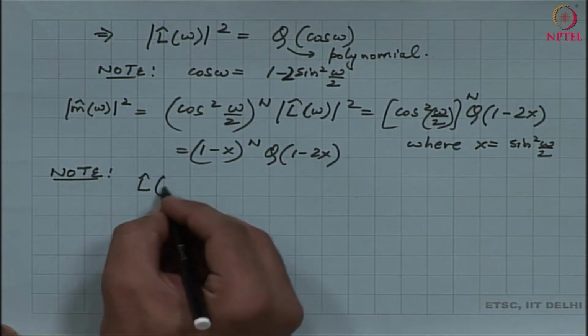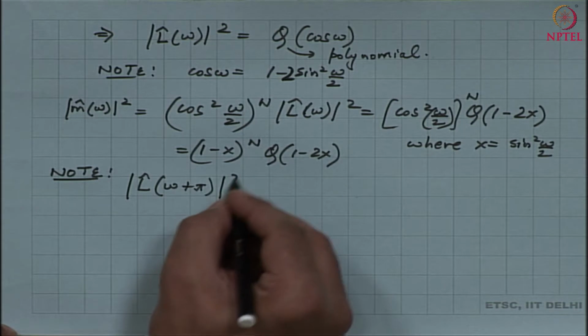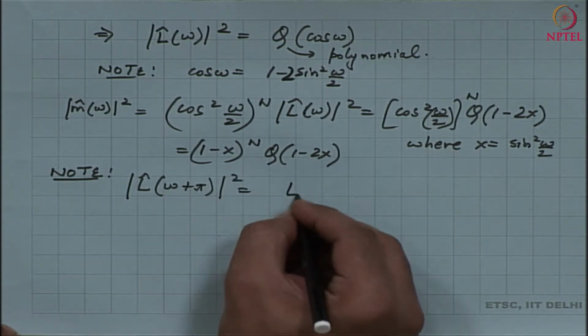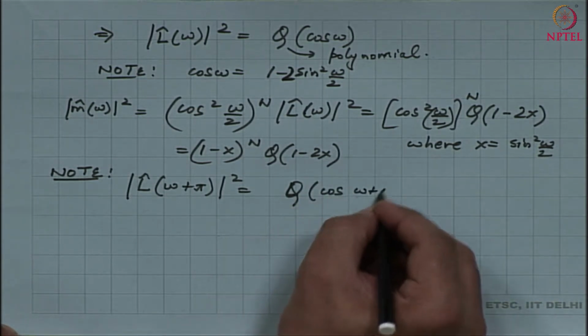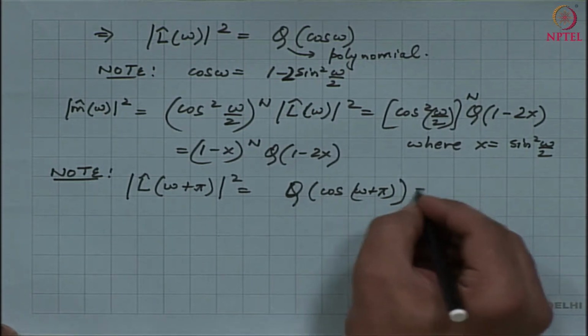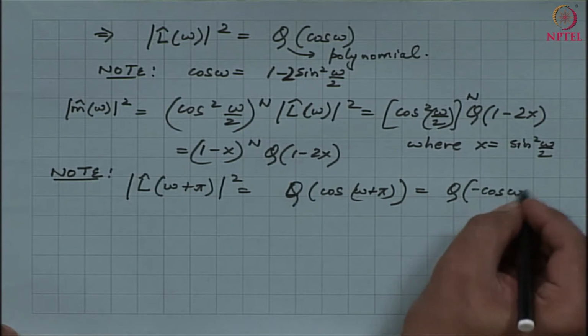Now also note the following. L hat of omega plus pi, if we take the absolute value and square it, is q of cos of omega plus pi, which is also q of negative cos omega.